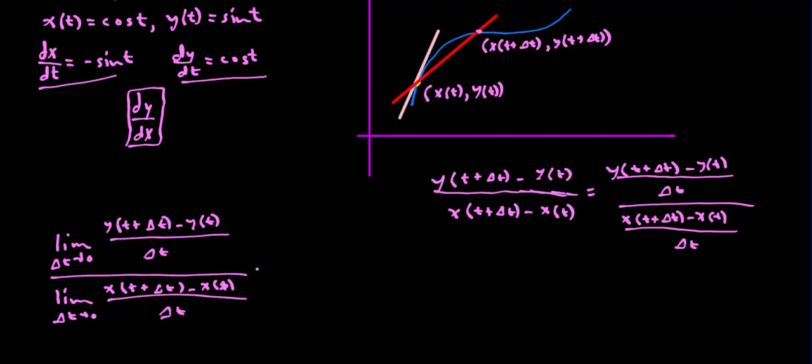Now, if you just take a moment to look at what this top is by the definition of a derivative, this is the derivative of y with respect to t. So this top thing is dy dt. Likewise, the bottom is dx dt.